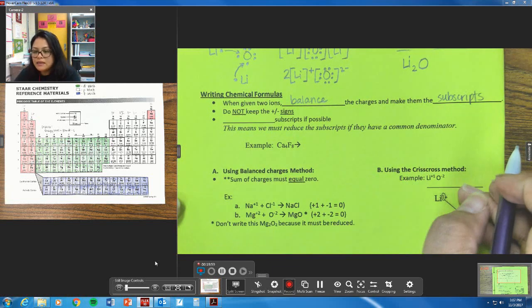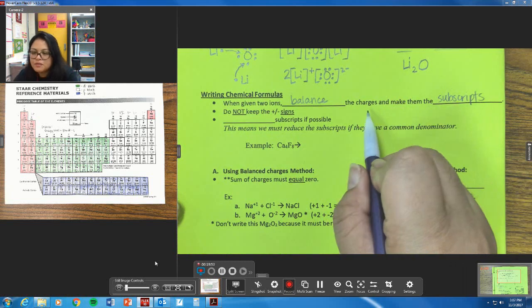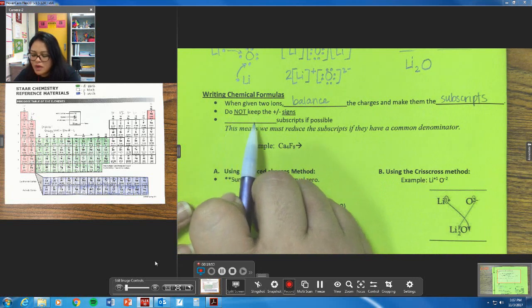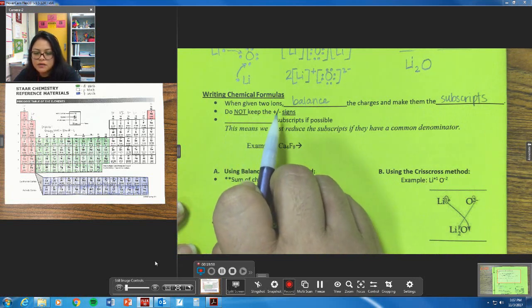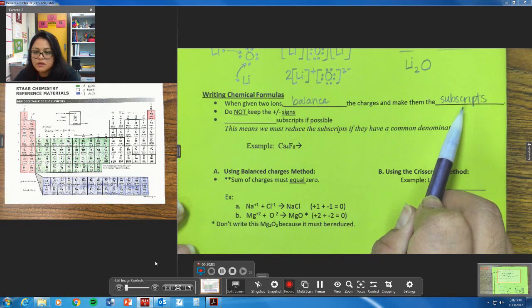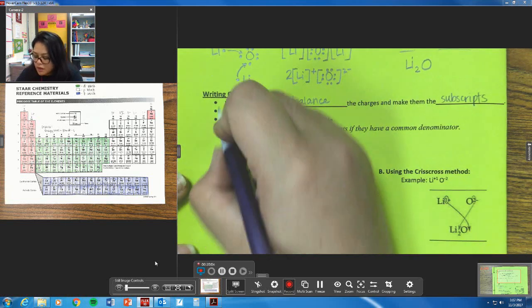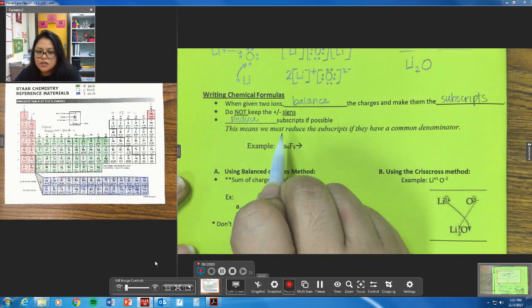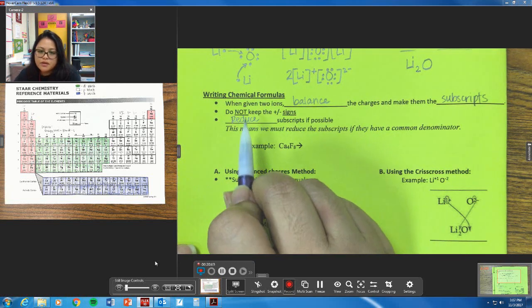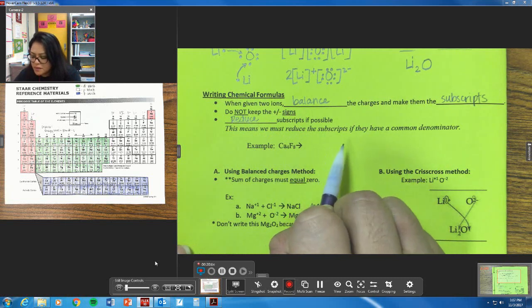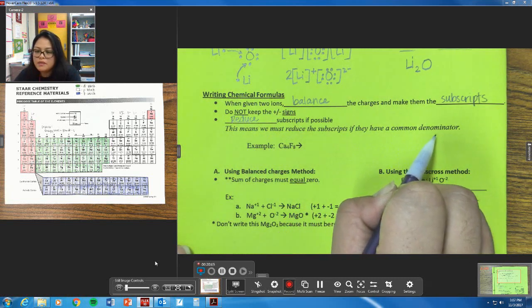So you're balancing your charges and then making them subscripts. Another rule: we do not keep our positive or negative signs when our charges become subscripts. You must reduce your subscripts if they have a common denominator.